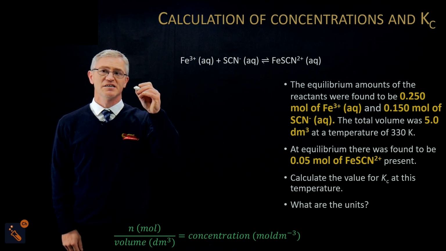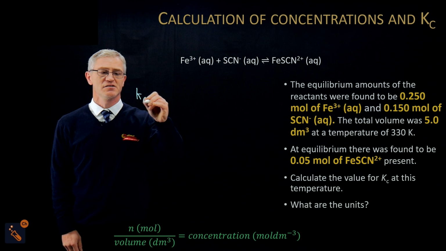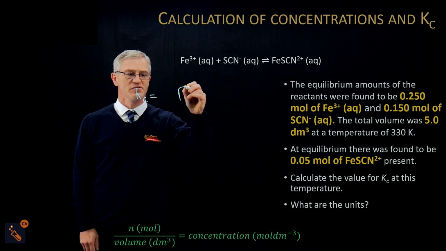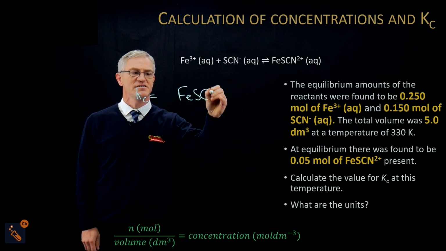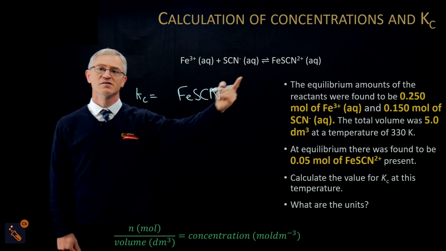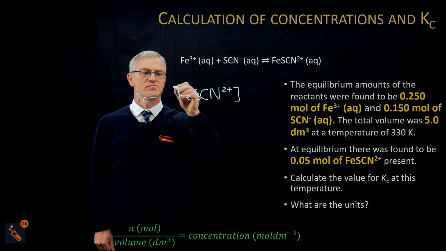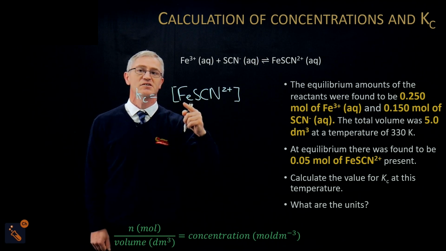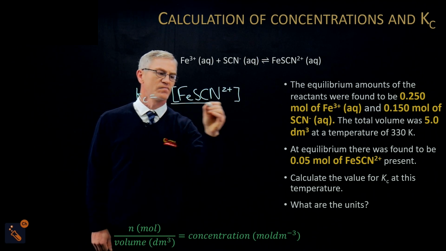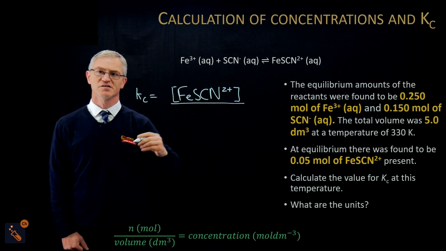So all we do then is say, right, what's Kc? Kc is going to be our products over reactants, so that's FeSCN2+. And there's nothing in the equation, so that's that done. There's no numbers or anything.